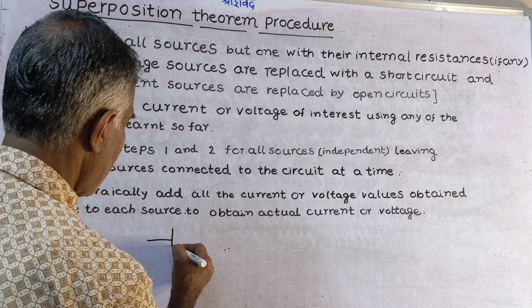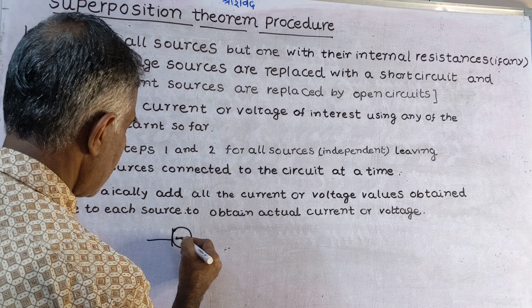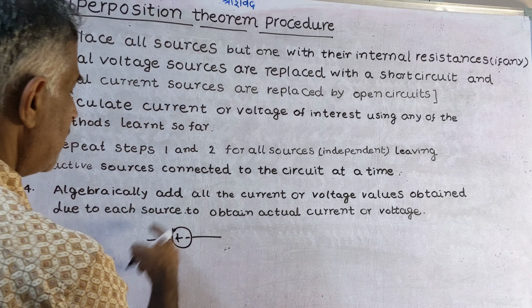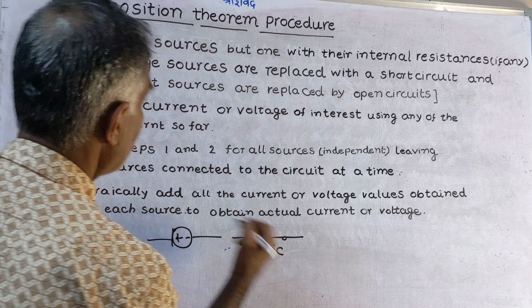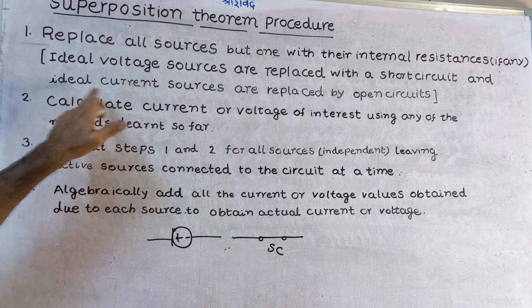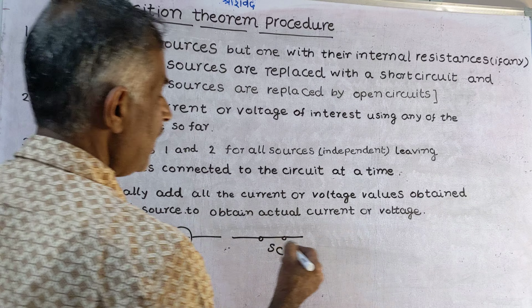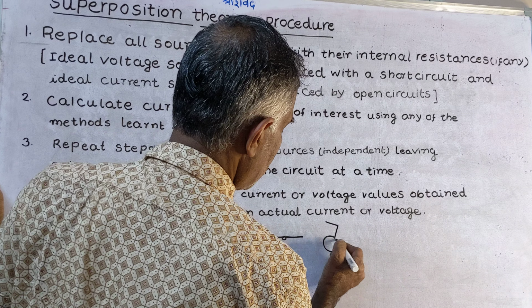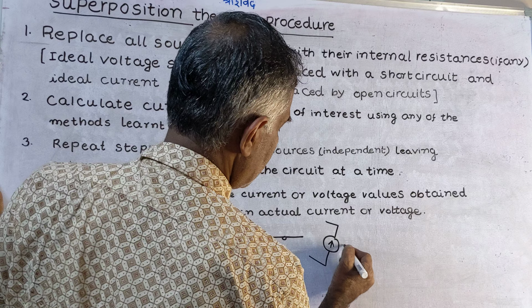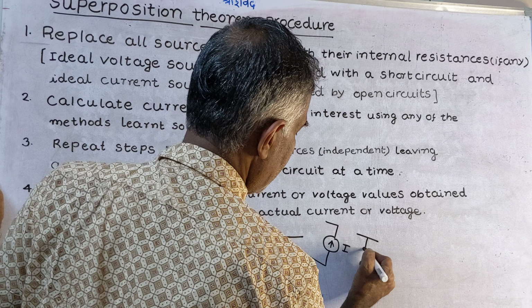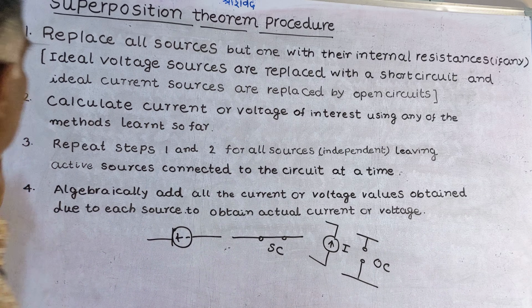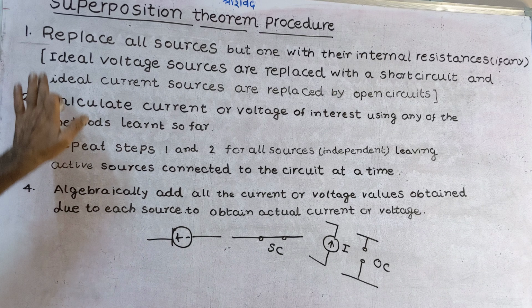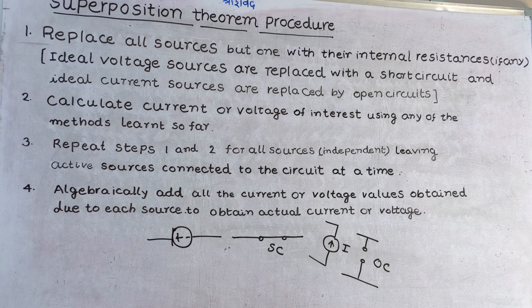This is a voltage source. This is to be replaced by a short circuit. And ideal current sources are replaced by open circuits. So you have to repeat for all the sources.